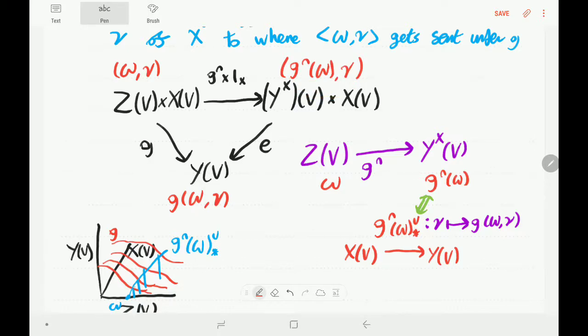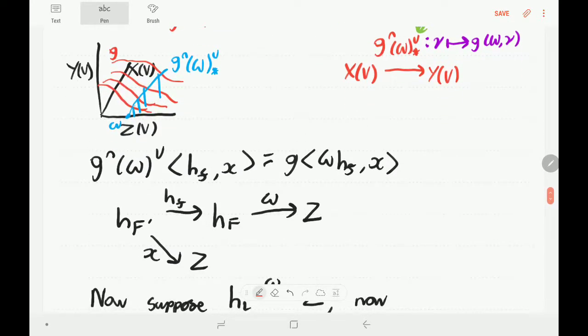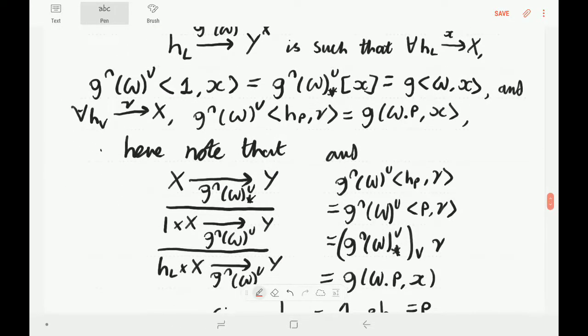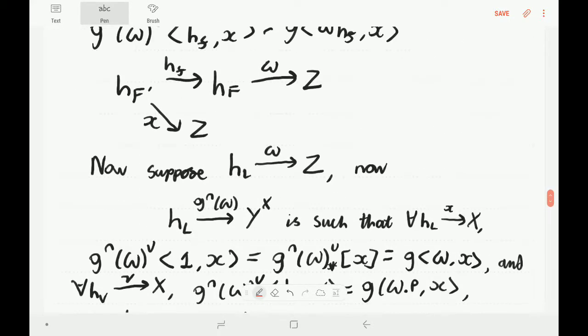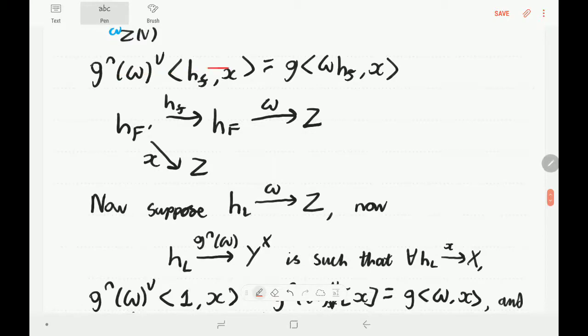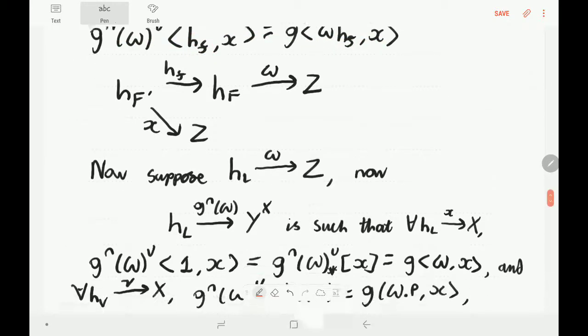But the alternative way to do it is to make this function which sends a v to g of w comma v and then do the evaluation on it. Okay, it's a similar story with the loops. So there are two ways, using the simple way of applying this formula, saying h of f to be identity.